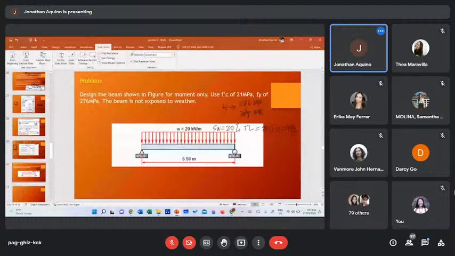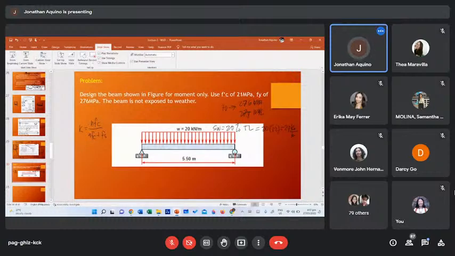Okay. So this is a design problem. So in design problem, ang kailangan natin kunin yung value ng K. So for design problem, ang K natin is equal to nfc over nfc plus fs.